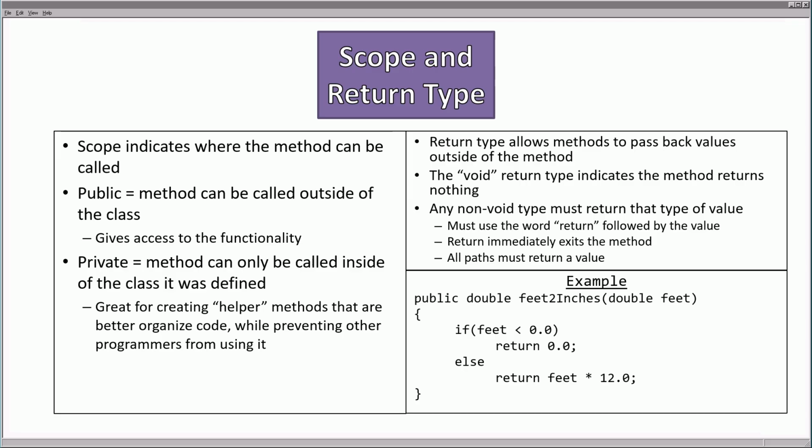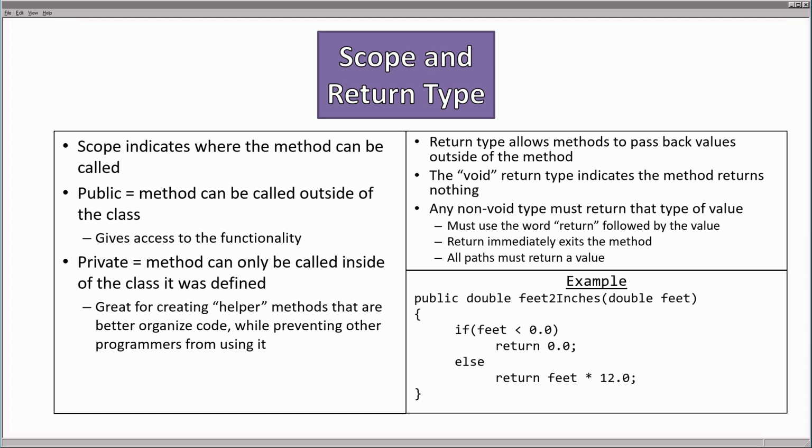Following the scope, we have the return type, and this allows a method to pass back values. Any type can be a return type, but there's a very special kind called void, which indicates that the method returns no values.